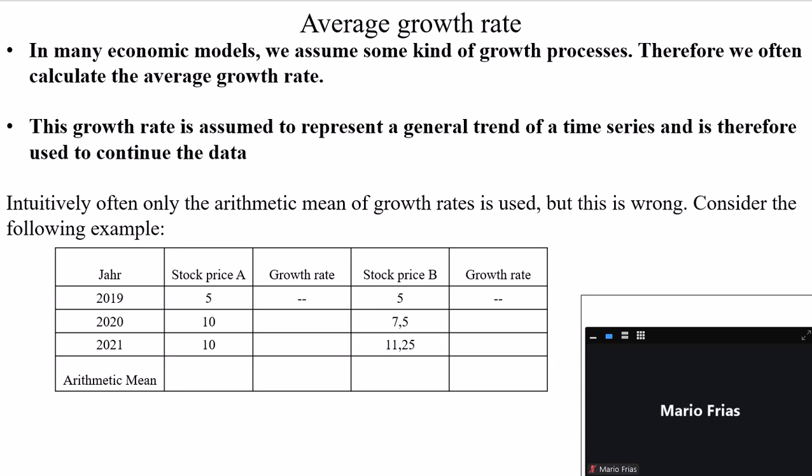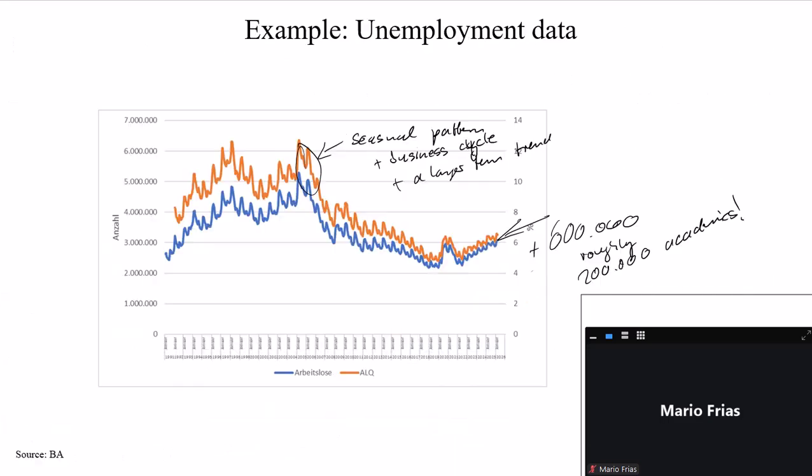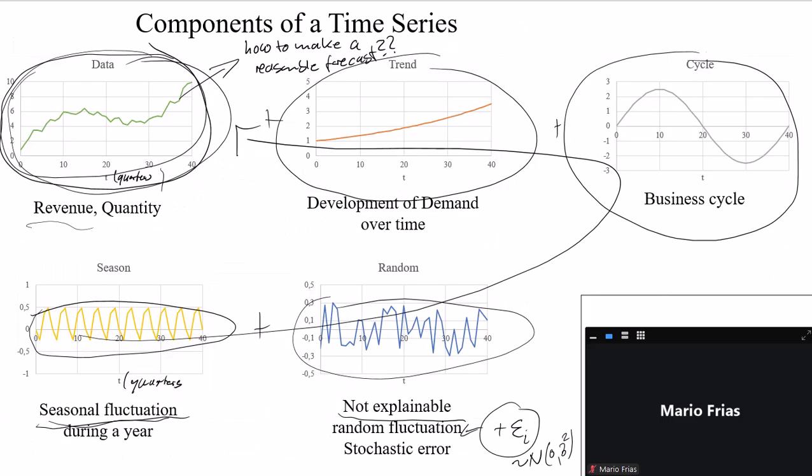Of course, averaging a growth rate is also a general way how to forecast data, because in many economic processes we assume a standard growth process, and then, as I have shown at the beginning, we also quite often see in economic data such a trend growth rate.